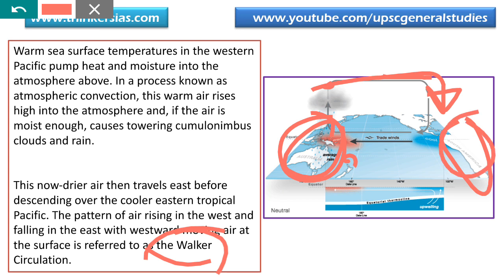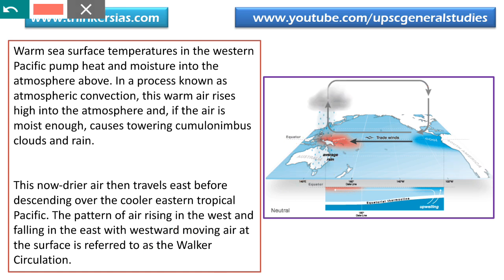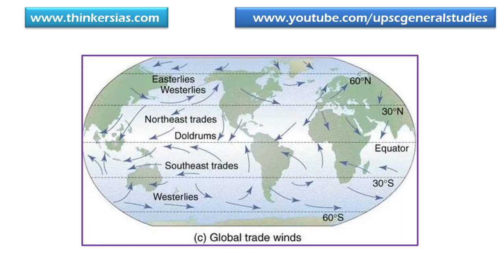Because of the warmer sea surface temperature, rainfall occurs. After rainfall, drier air passes through the atmosphere and reaches the Eastern Pacific coast and descends here. This results in higher air pressure. That is the Walker cell in the normal years.